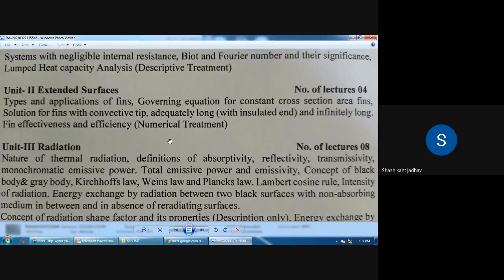Types and applications of fins. Governing equation for constant cross section area fins.